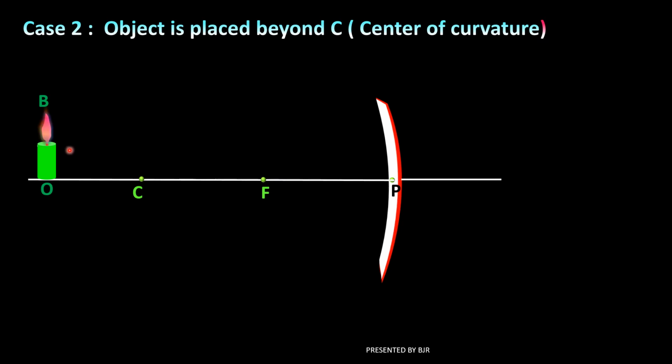So ray 1, from the point B, that is from the tip of the candle, I will draw the 2 rays. Okay, so this is ray 1.